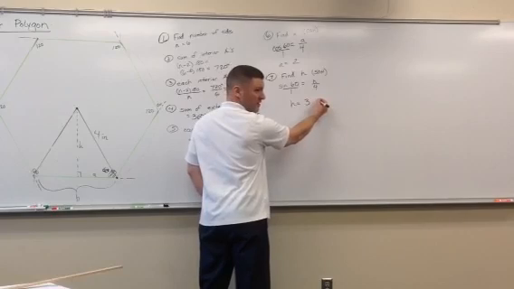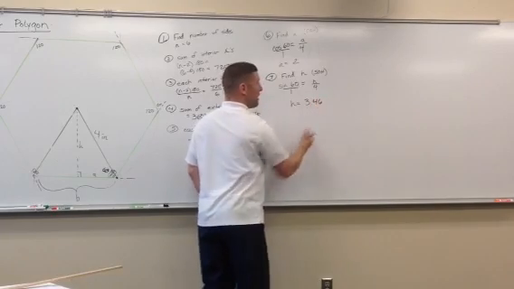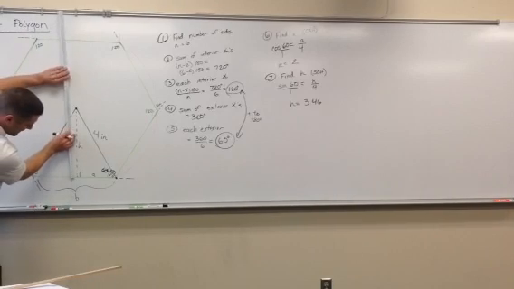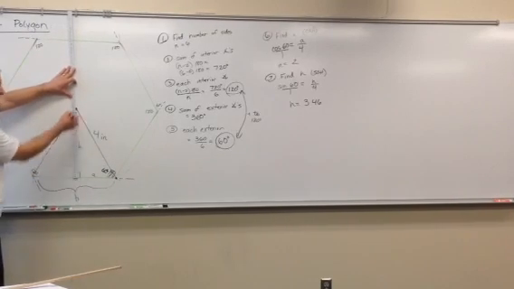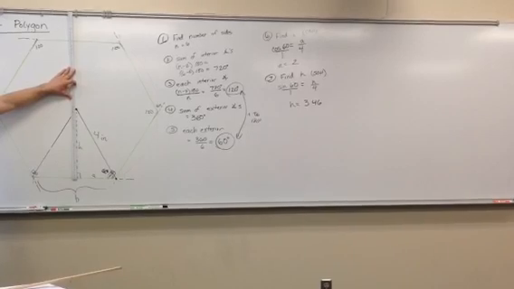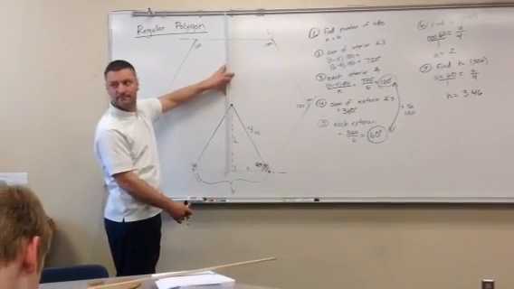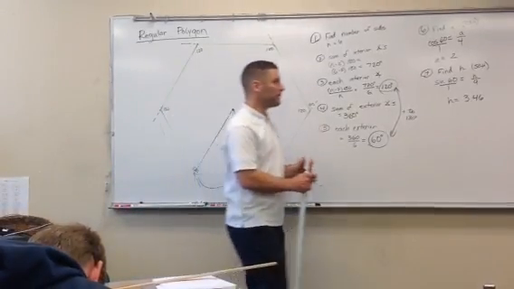Here's the cool part: you should be able to run your ruler right down the height, and you should get just under 3.5 inches if you did it right. Check it with your ruler now. Almost 3.5 inches, right? That tells me we're doing it right.